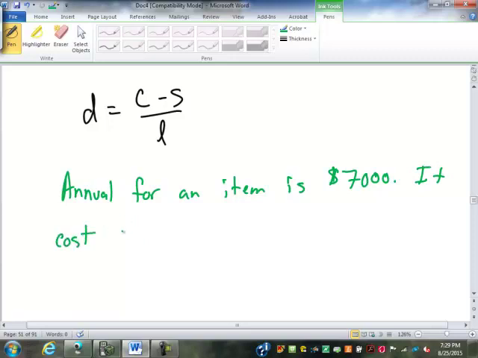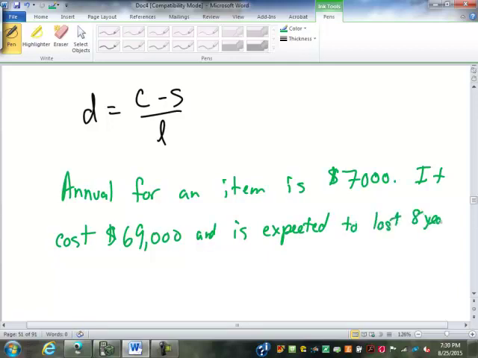It cost $69,000 and is expected to last 8 years. What is the anticipated scrap value?